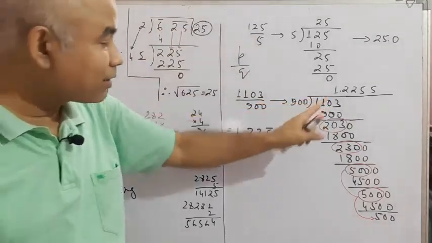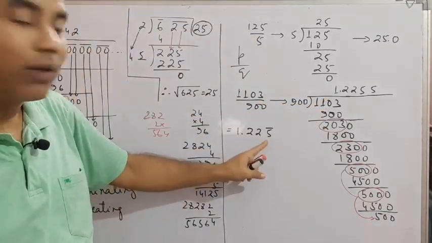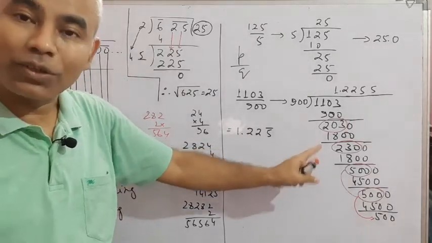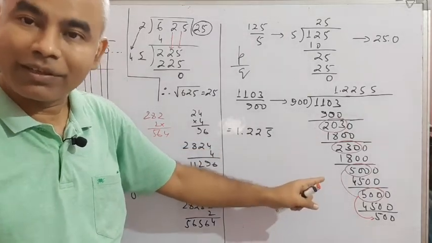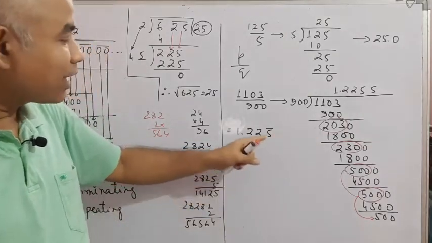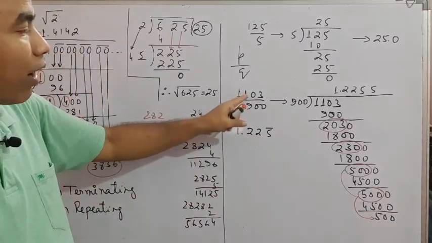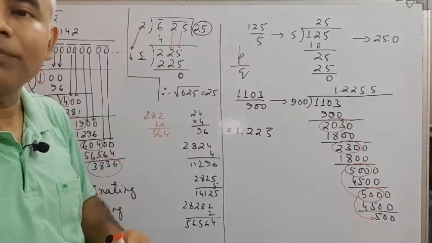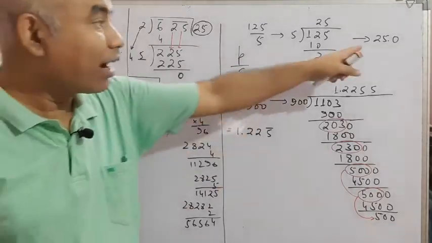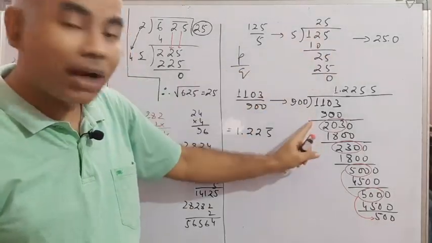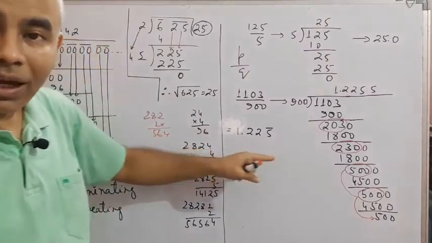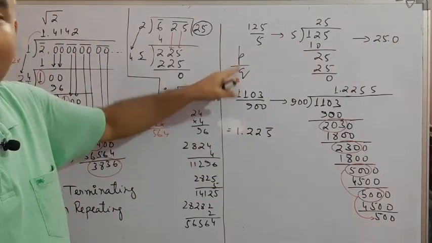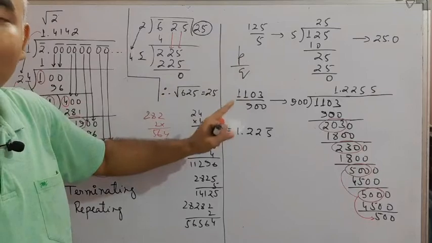Next, when your answer was 1.225 bar, that is non-terminating but repeating decimal, it was actually the decimal form of 1103 by 900, which is also in the form p by q. That means this terminating decimal and this non-terminating but repeating decimal are actually decimal forms of rational numbers.